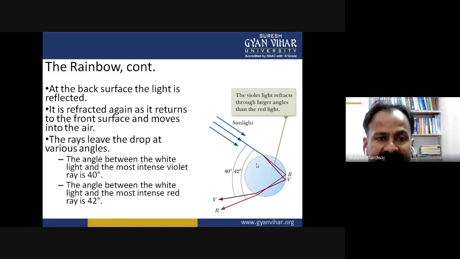It is refracted again as it returns to the front surface and moves into the air. The ray leaves the drop at various angles. The angle between the white light and the most intense violet ray is 40 degrees. The angle between the white light and the most intense red ray is 42 degrees. So in the pictorial representation, the violet light refracts through a larger angle than the red light, as shown.